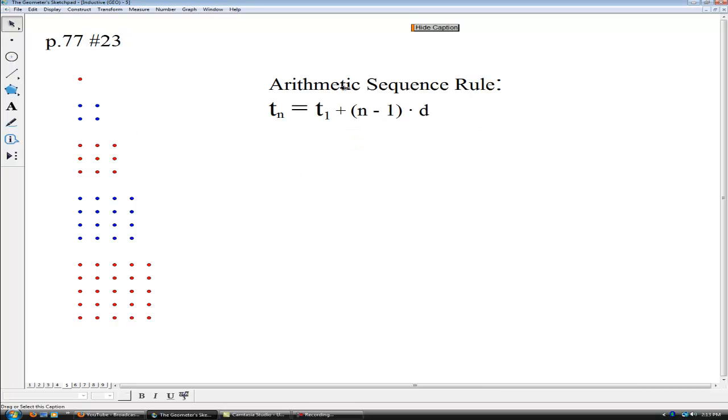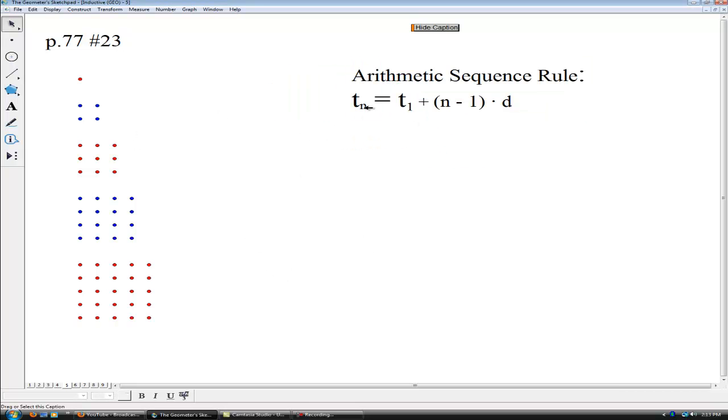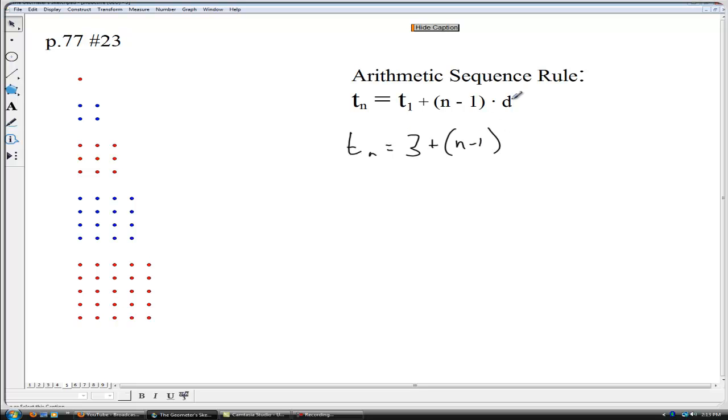So let's find the rule. Let's remember that for t sub n, our first term was, between 1 and 4, 3, then n minus 1, and then when we went through and found 3, 5, 7, 9, 11, this common difference was 2 between the amount needed to add to get the next square number. So our common difference is 2.